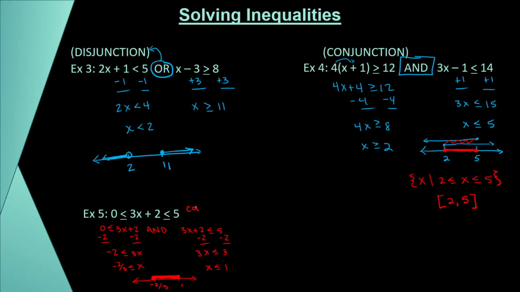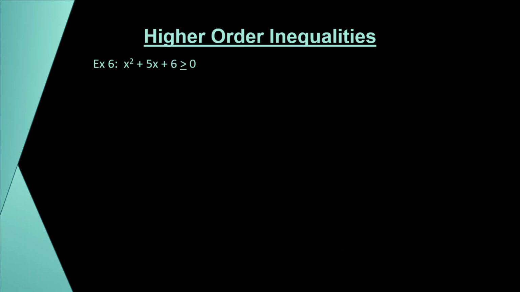Again, this is a conjunction, and it is an and statement. So my solution set would be x between negative 2/3 and 1, or I can write the interval. Okay? All right.